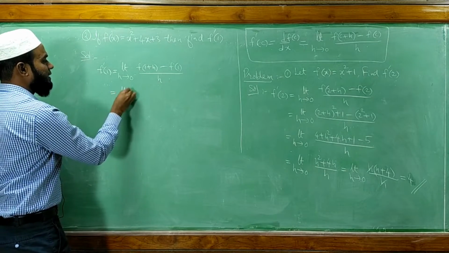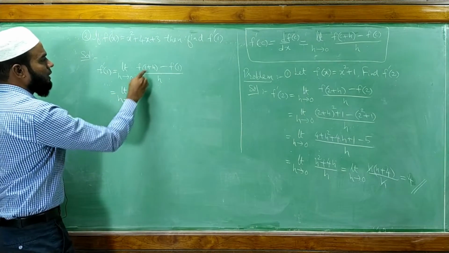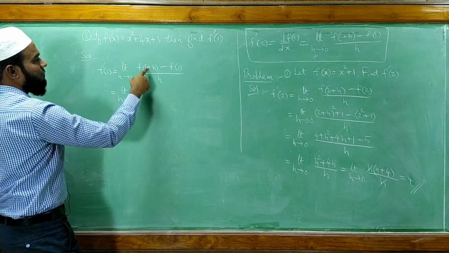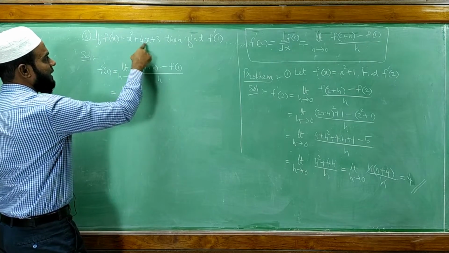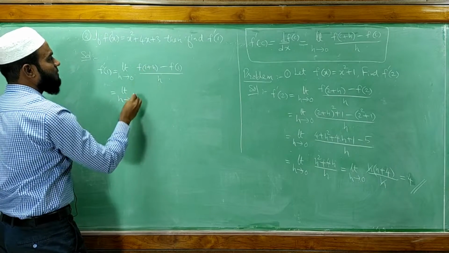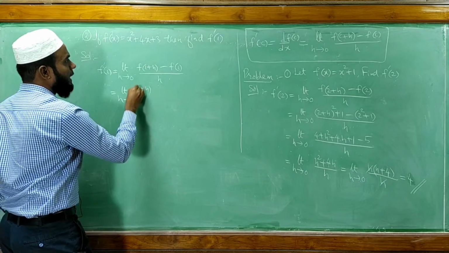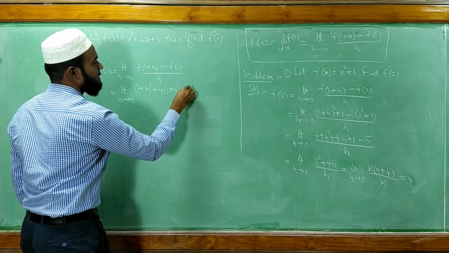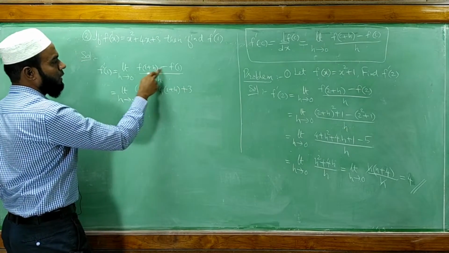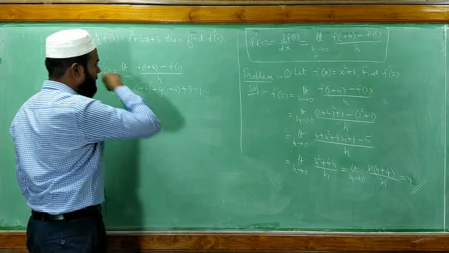So further, limit h goes to 0, f of 1 plus h. Use f of x is given to be x square plus 4x plus 3. So wherever x is there, we have to replace that with 1 plus h. So 1 plus h whole square plus 4 into 1 plus h plus 3. This term is over. Then minus f of 1.